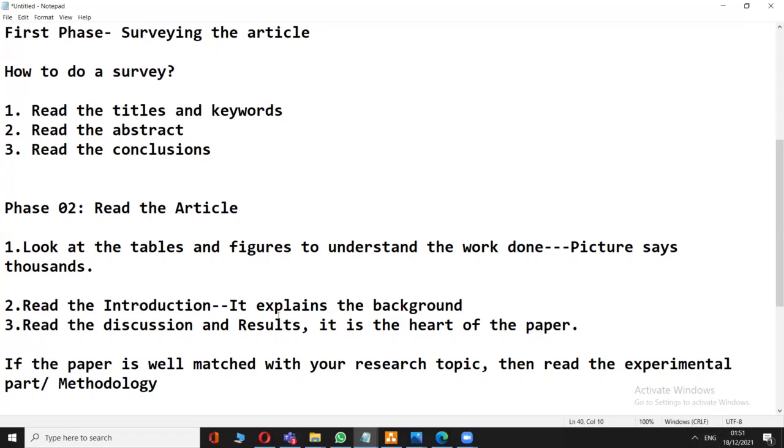It explains the background. After finishing the introduction, you go for the discussion and the results, because the discussions and results are the heart of the research paper, because they include everything about the research.